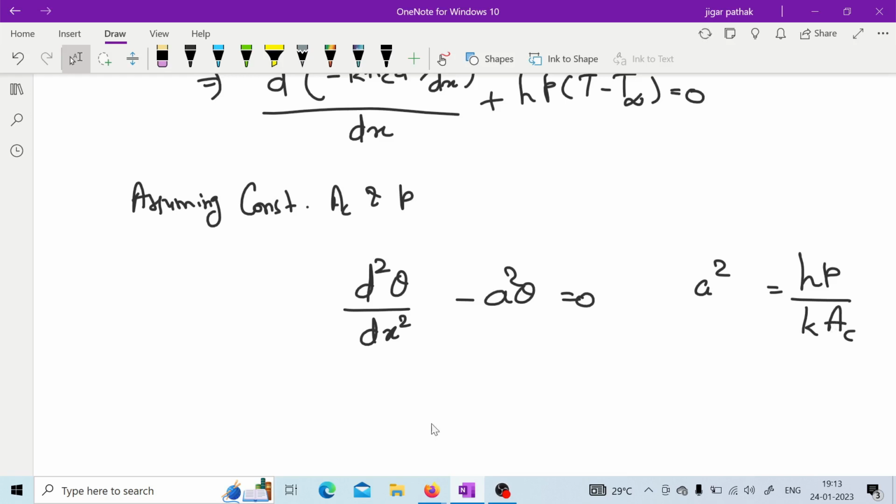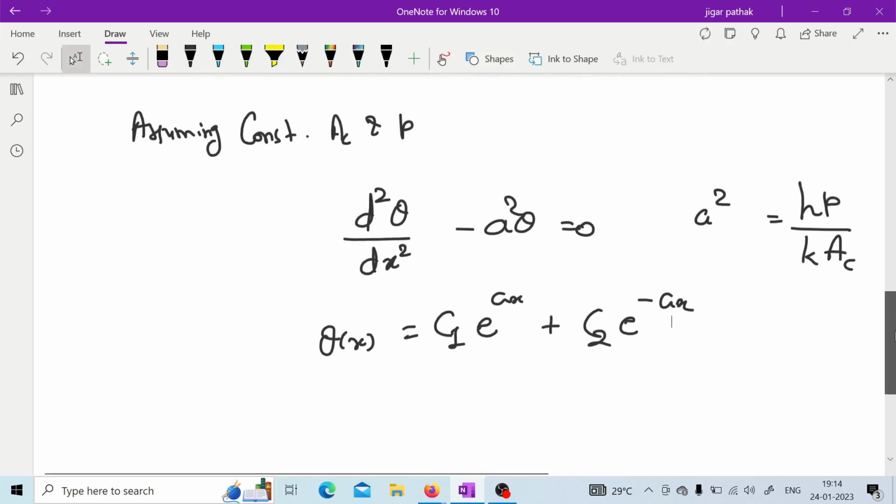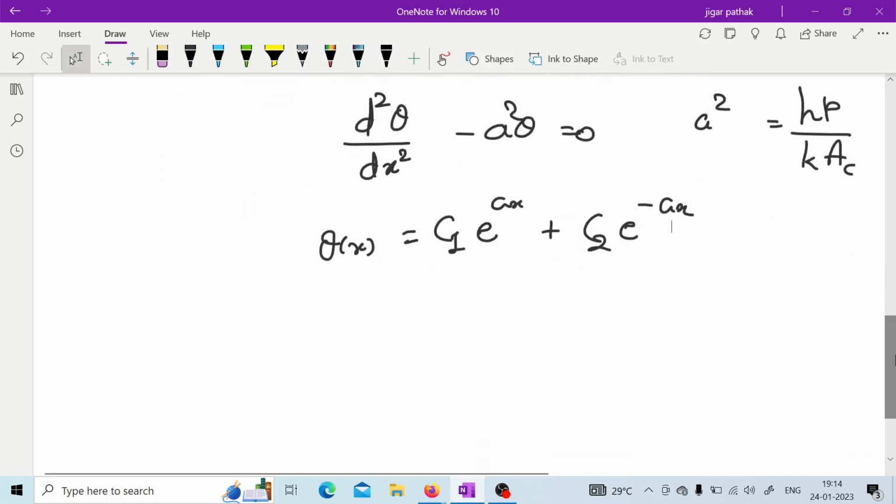So the roots of this differential equation can be given as c1 e raised to ax plus c2 e raised to minus ax. Now here if you apply boundary condition, then you can come to the specific solution. It is the general solution. So at x is equal to 0, we have the base of the fin.